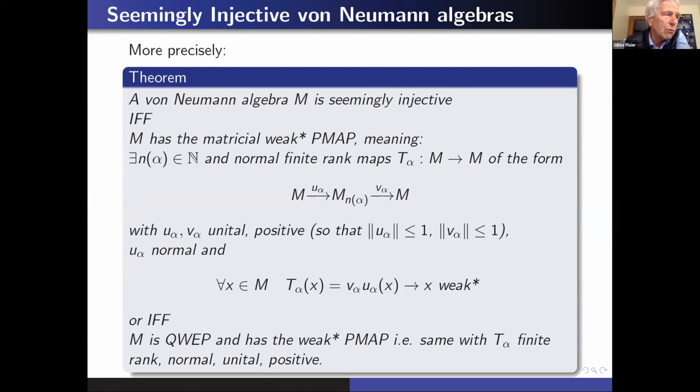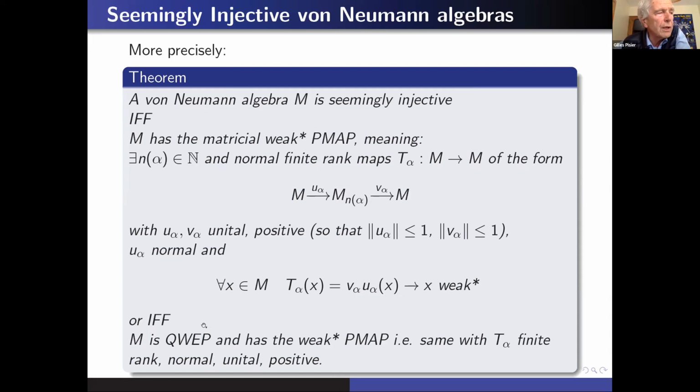There's a variant where we drop matricial, and there it's a little bit less elegant. I have to introduce QWEP, and I will explain in a second what it means. It's short for quotient of a C-star algebra with the weak expectation property.